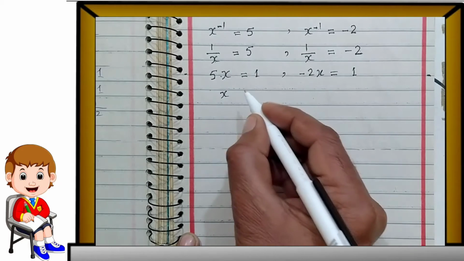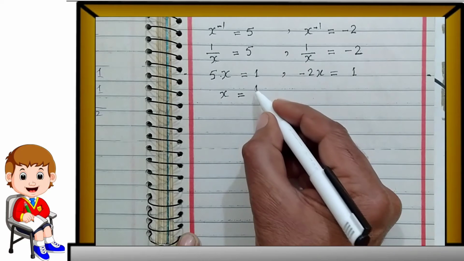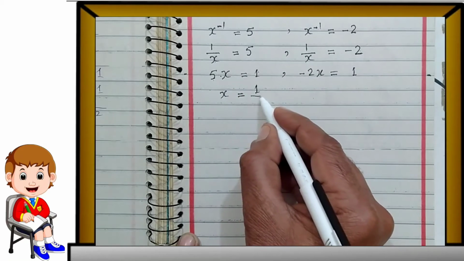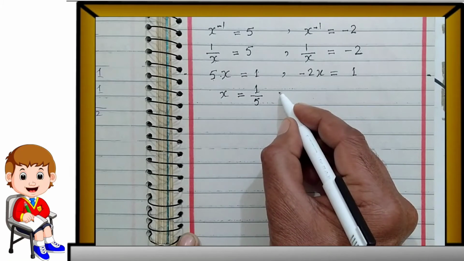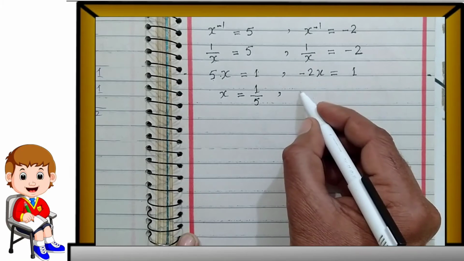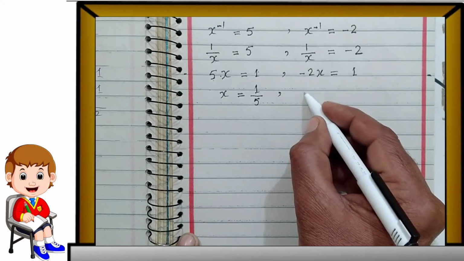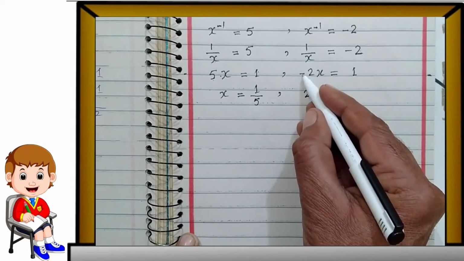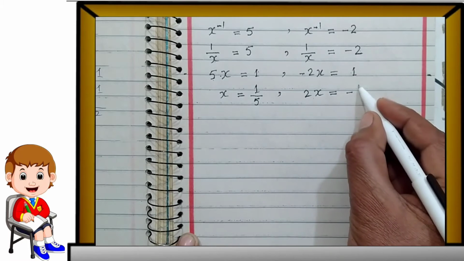Here in the first, x is equal to 1 and 5 will divide on the right side, multiply on the left and divide on the right side. So x is equal to 1 over 5. And in the second we change minus from left to right, so 2x is equal to minus 1.